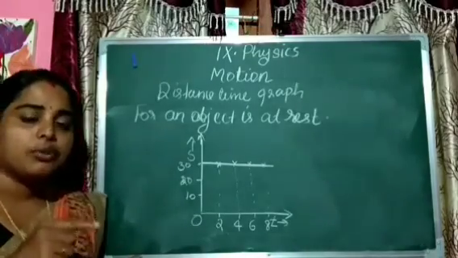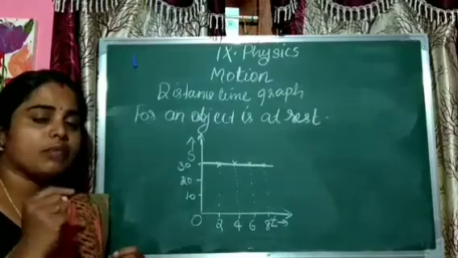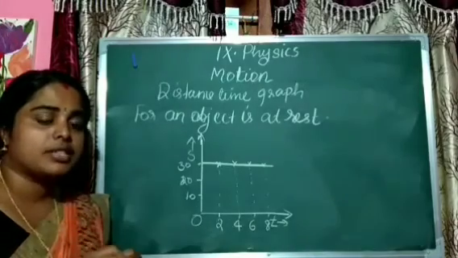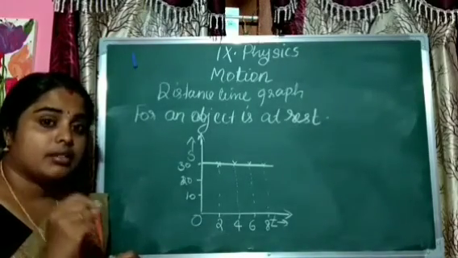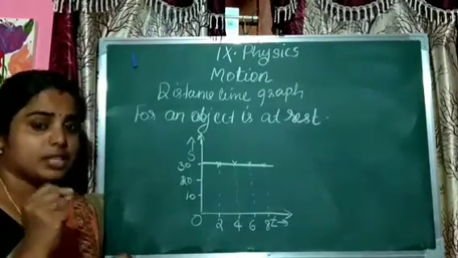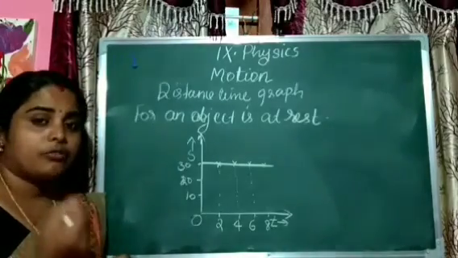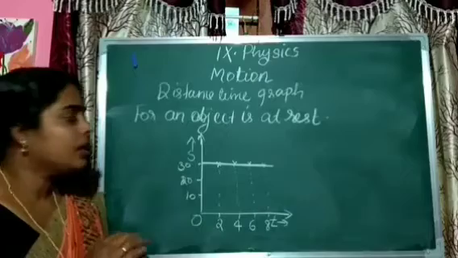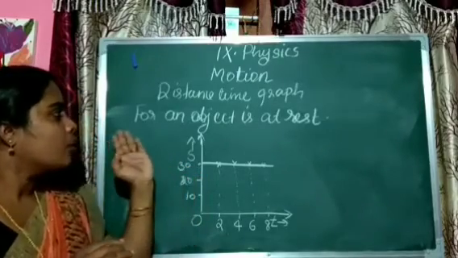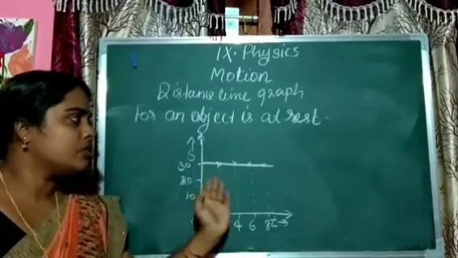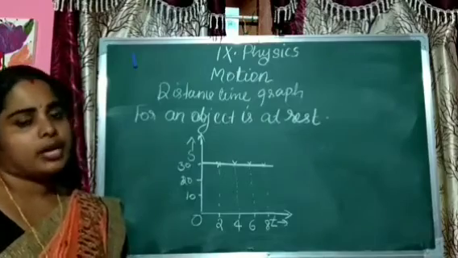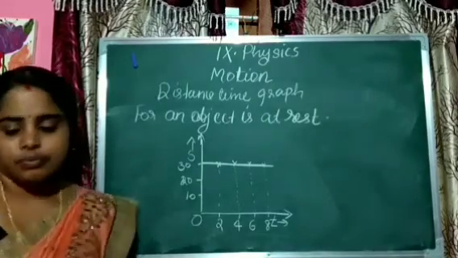In the case of uniform motion, the distance time graph is a straight line with a slope. Non-uniform motion, it is a curved line, and in the case of an object at rest, it is a straight line parallel to x-axis.